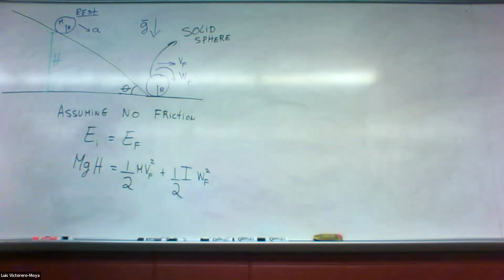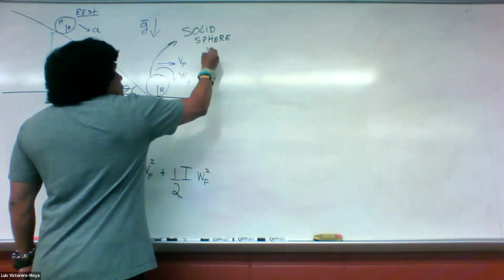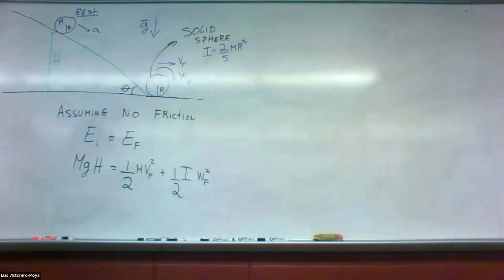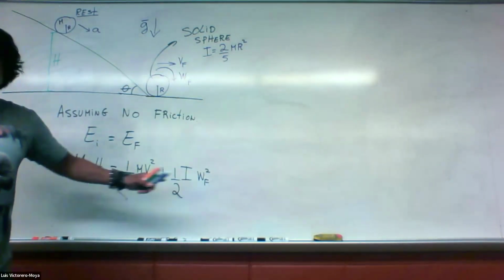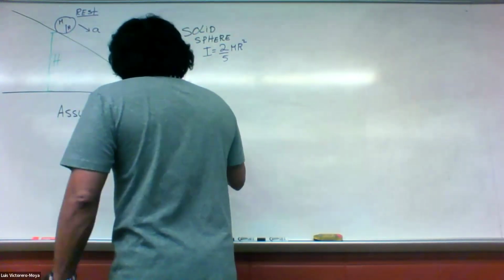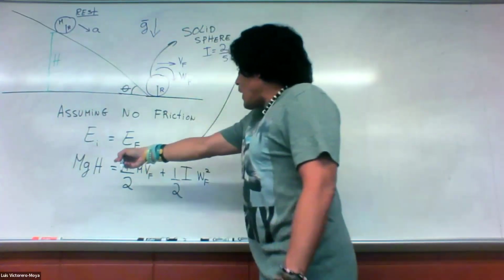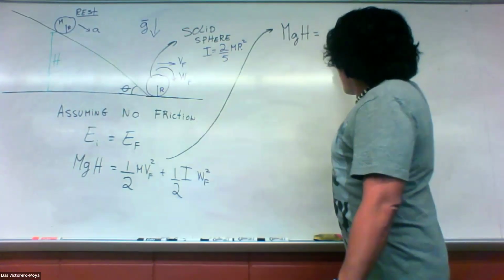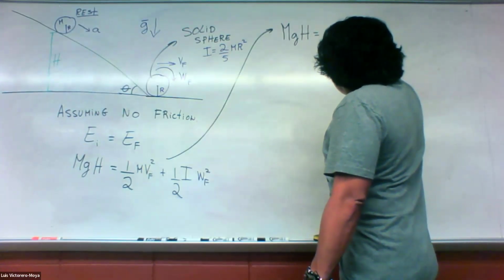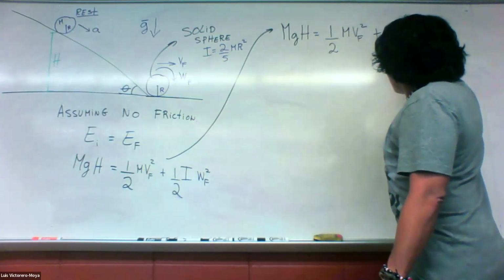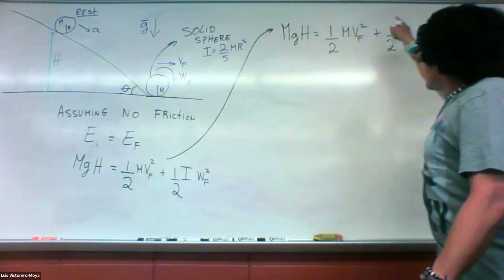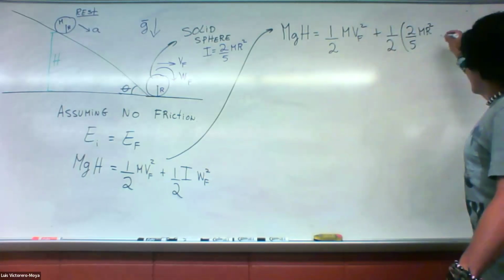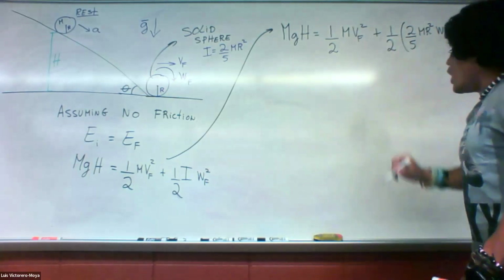Now, the moment of inertia for the sphere is 2/5 of the mass times the radius squared. So let's substitute that here. mgh is equal to 1/2 m v final squared plus 1/2, and then I write that here, that's the I and omega final.